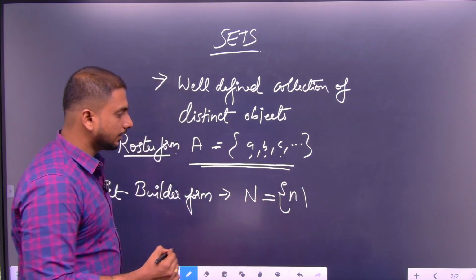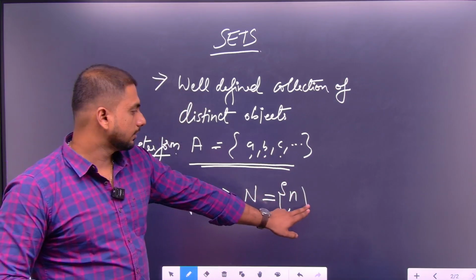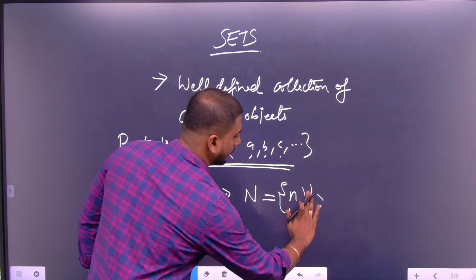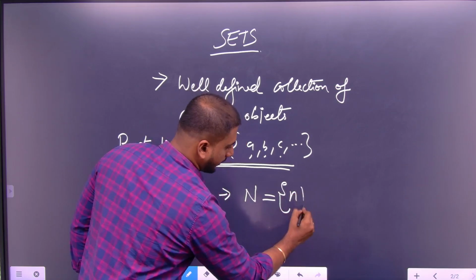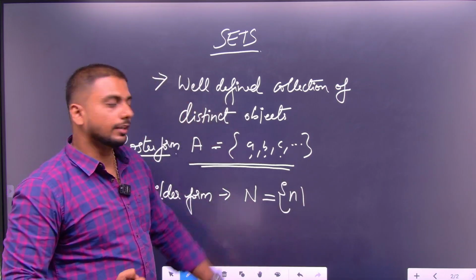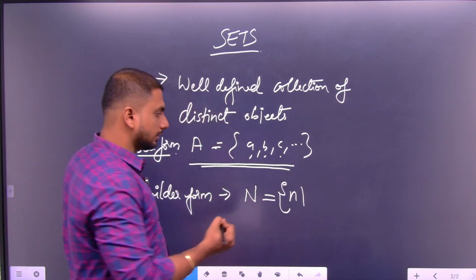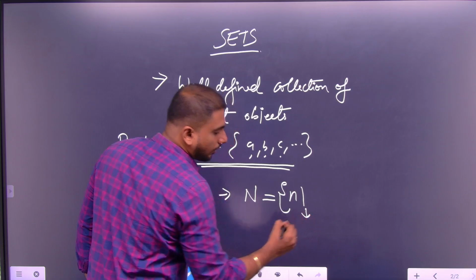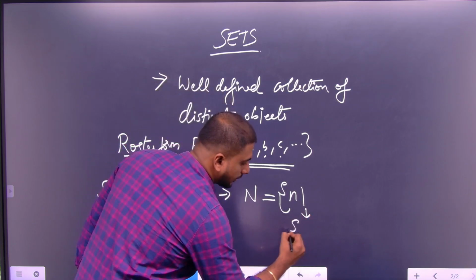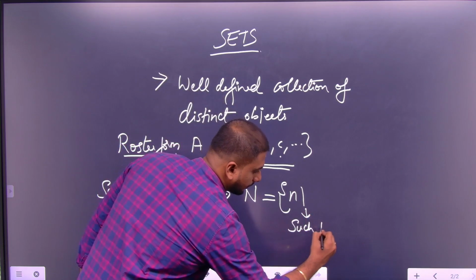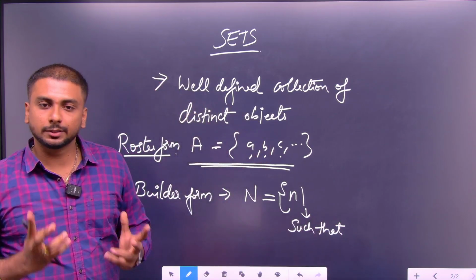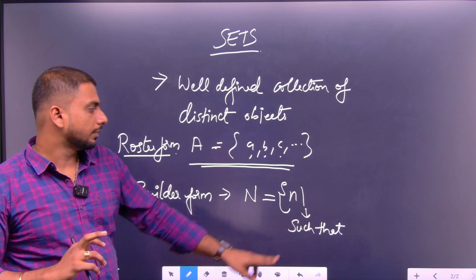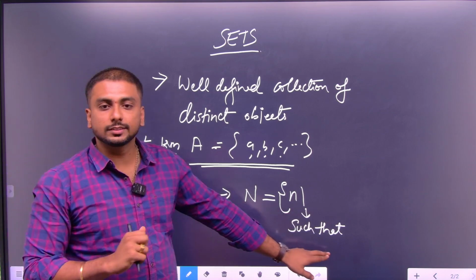What does this symbol mean? Let me just make it clear. It is a straight line separating n, and this line is usually called "such that." These are shorthands for mathematical expressions. When you write a single line, it is pronounced as "such that."